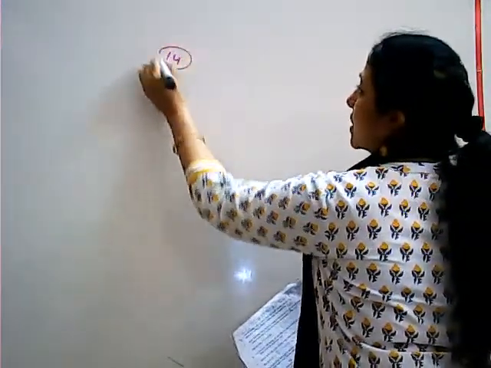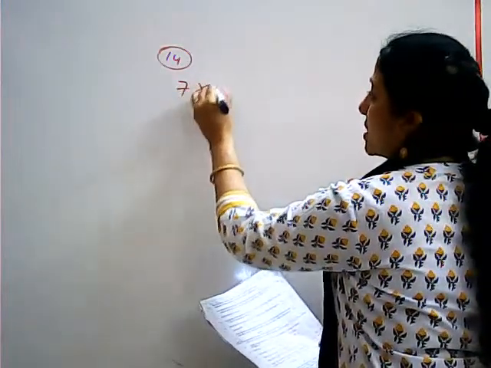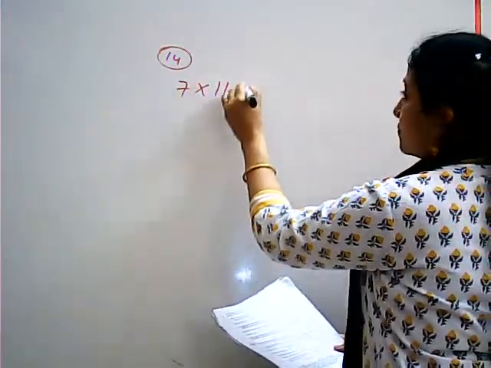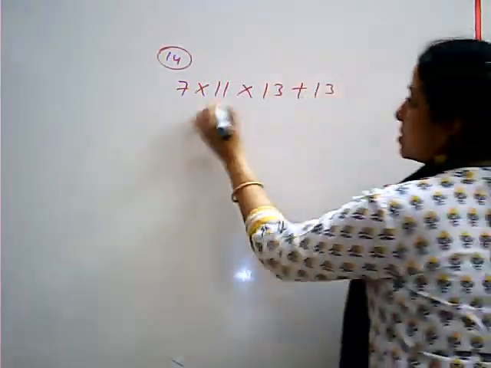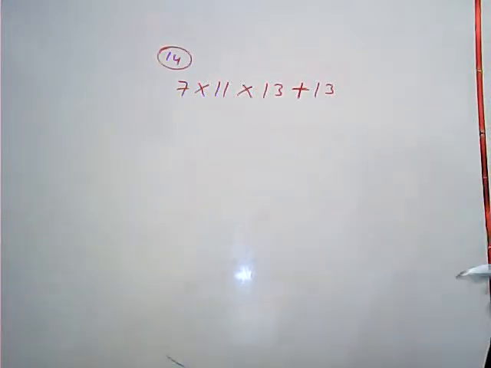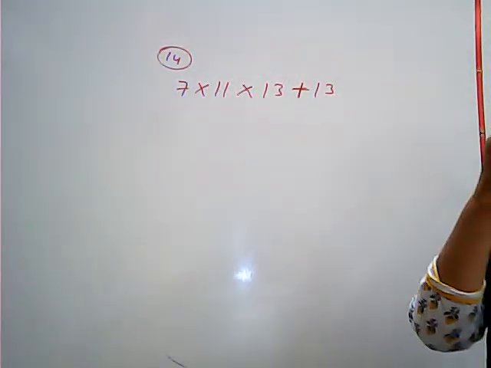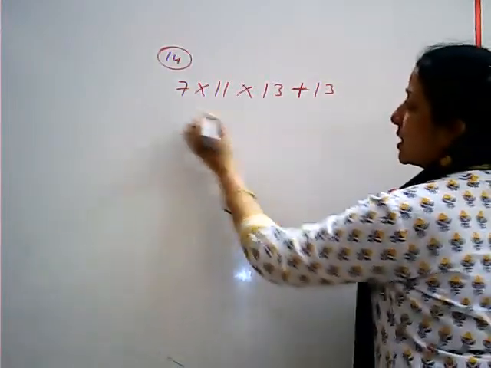Okay, your 14th question. Even if the question is scoring, you are making mistakes in these questions also. 13 plus 13, because the negative and the positive sign will differentiate the number of terms. Now all these will multiply and become one term.